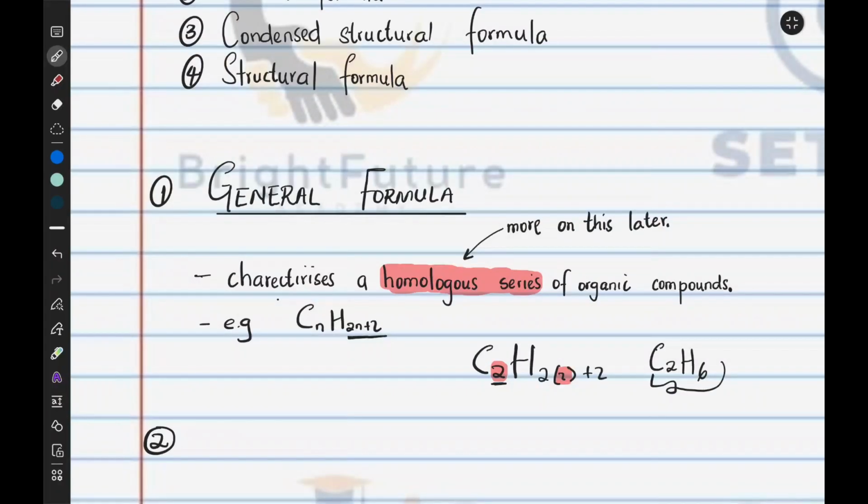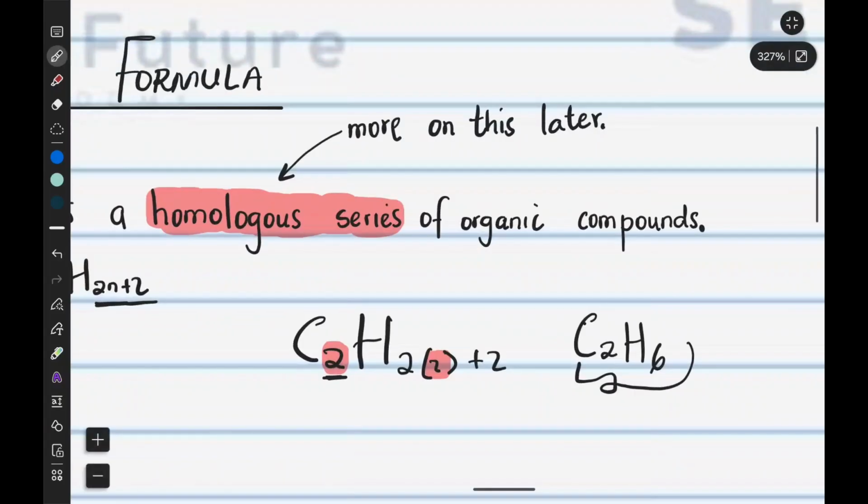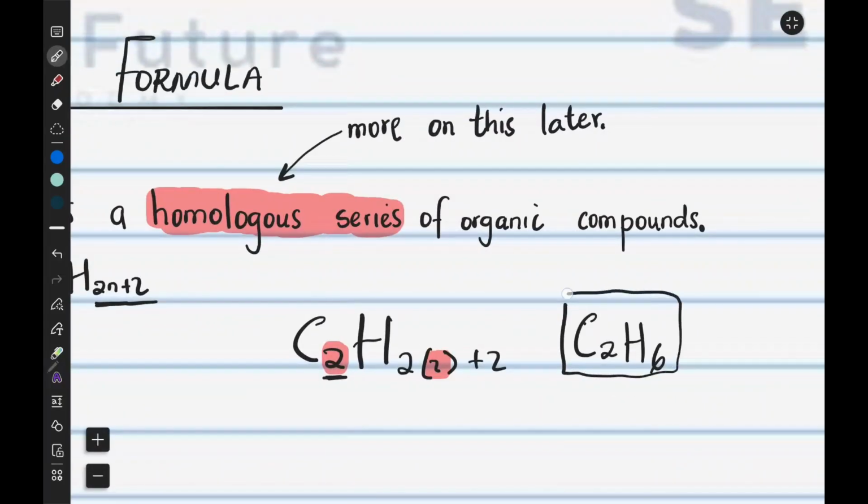For instance, if I just give you this C2H6, of course you'd be able to tell this is an organic compound, but you wouldn't immediately know how many single bonds, double bonds, or triple bonds, if any, are available in this particular organic compound. Okay, so that's what we mean.